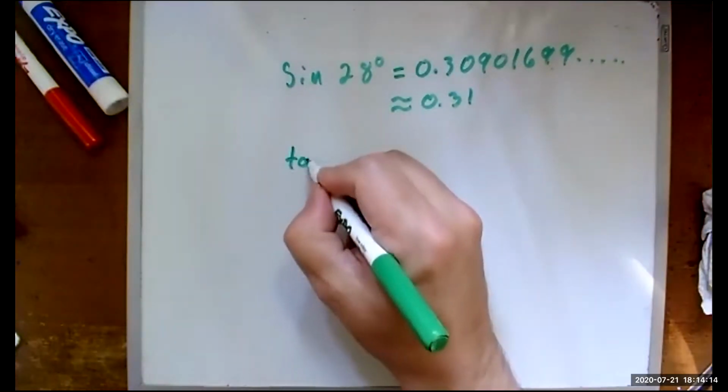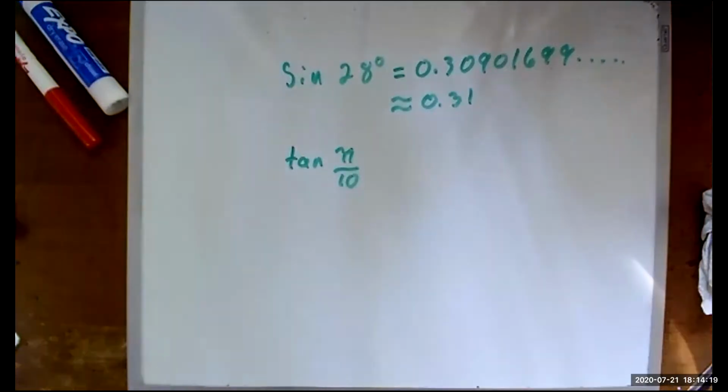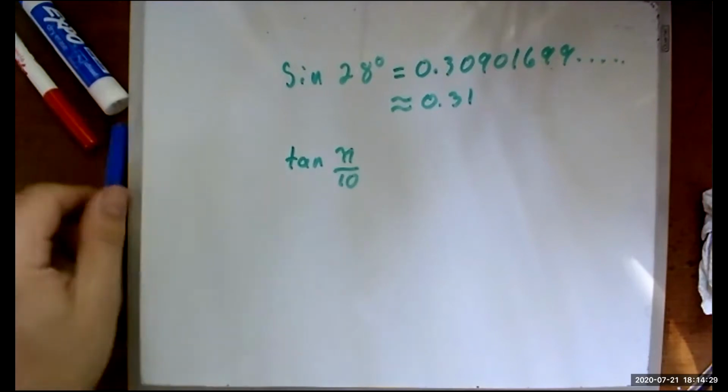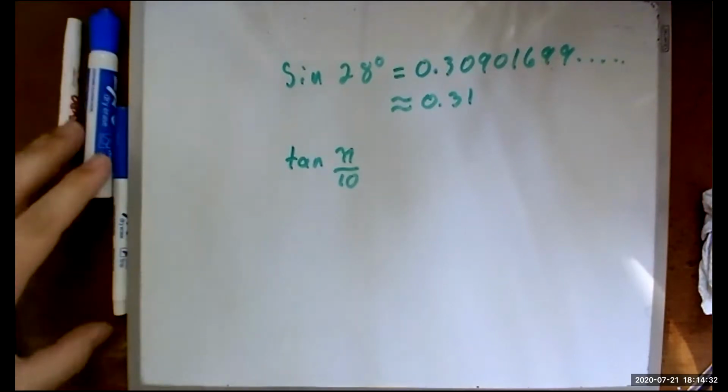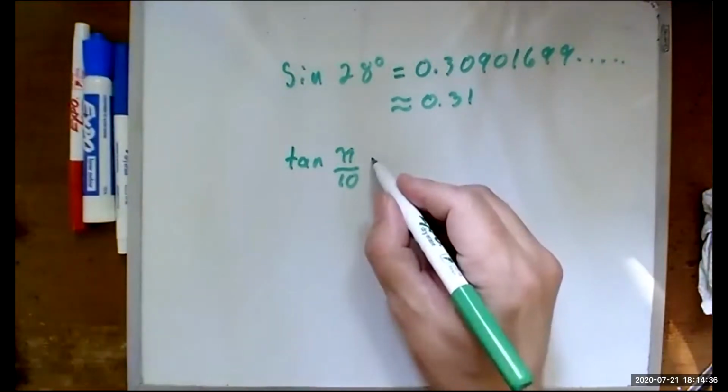The next question is asking for the tan of pi over 10. We can still do this with a calculator. As I say, there are 2 ways you can do this. You can start by converting this to degrees first.